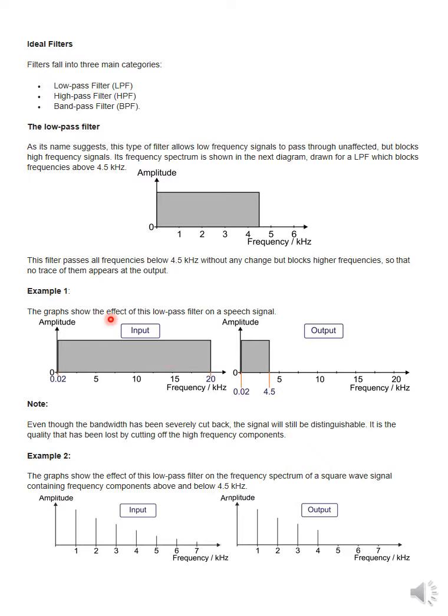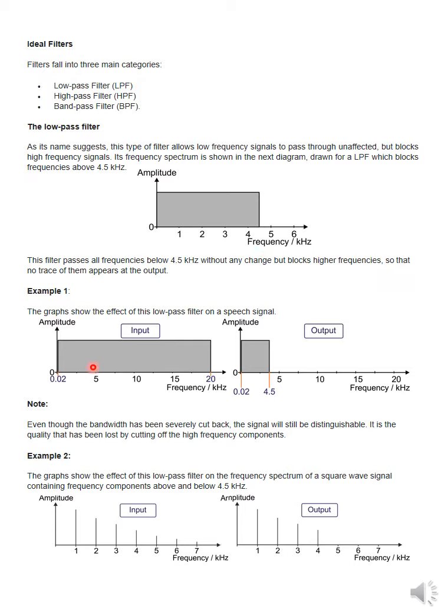The graph shows in example 1 the effect of this LPF on a speech signal. So let's say we have a speech signal from 0.02 hertz to 20 kilohertz range, and we use the filter defined here, which starts from 0 and passes only from 0 to 4.5.